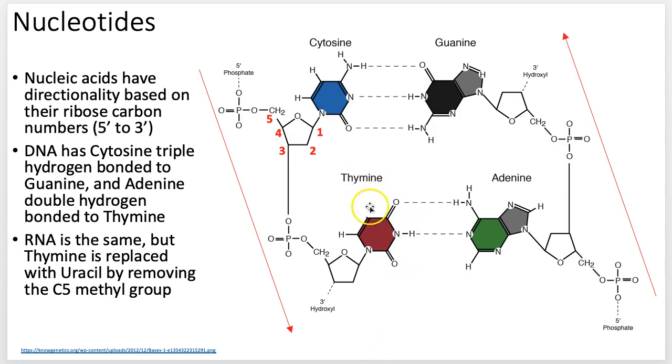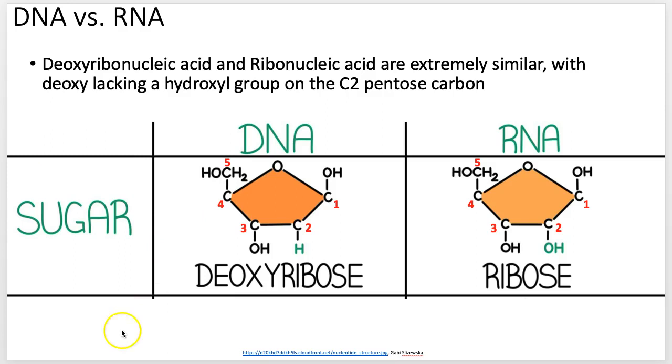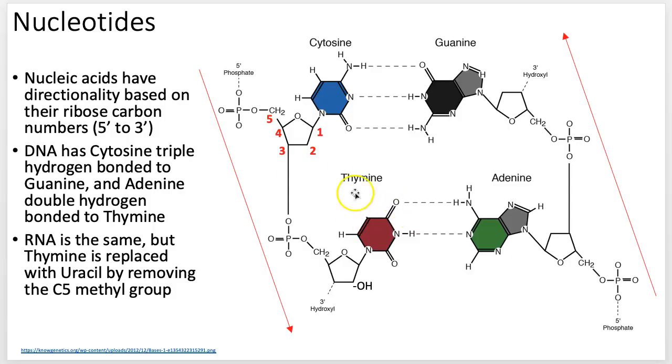And so now it has become uracil. So that's one of the big differences. And then the other big difference is that RNA has a hydroxyl group attached here. Okay. And in fact, let me just jump down here. So on the next slide here, we have DNA versus RNA. So yes, uracil itself has a different structure than thymine, though it's super, super similar.